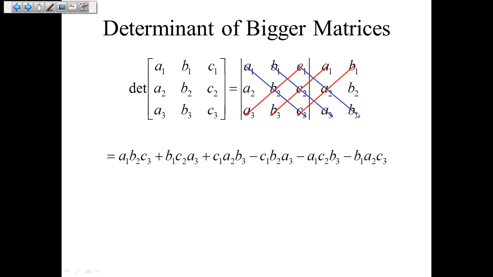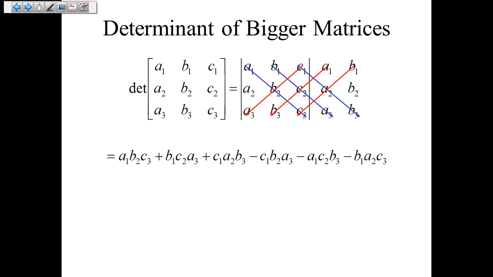Now we switch directions and we switch signs. So now it's minus C1 times B2 times A3, minus A1 C2 B3, minus B1 A2 C3. So this is our method for finding the determinant of 3 by 3 matrices.